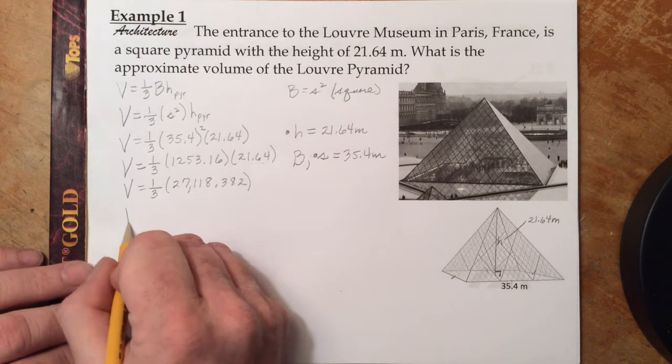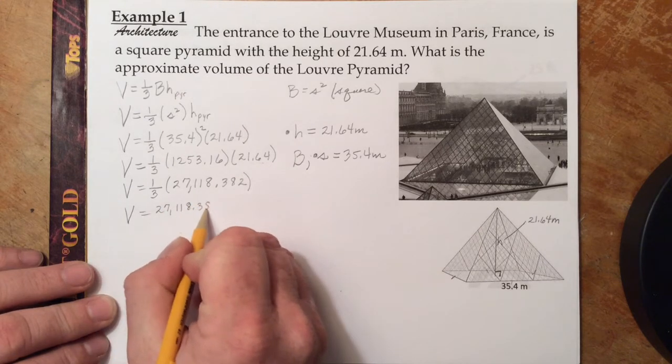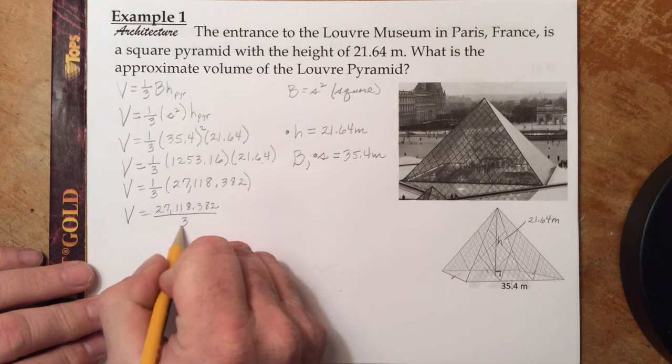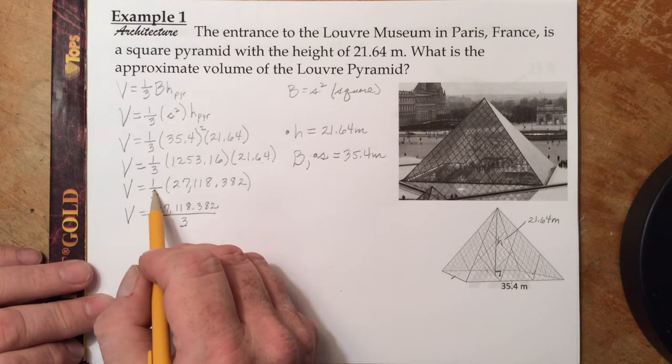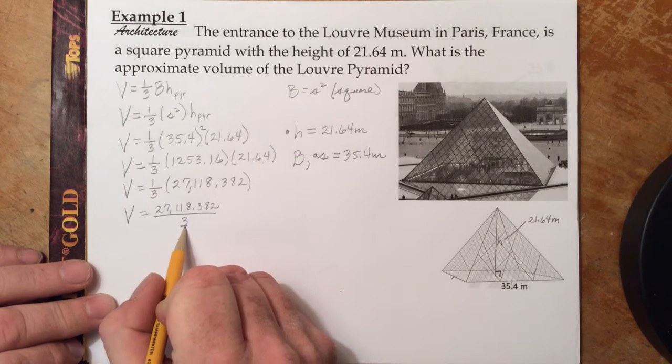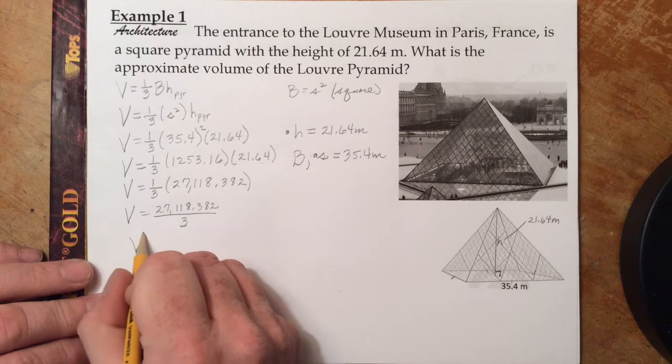And so at this point, this is the same as saying 27,118.382 thirds, because as we said in the notes, multiplying by 1/3 is exactly the same as dividing by the whole number 3. So that would be an exact answer, but they asked for an approximation.